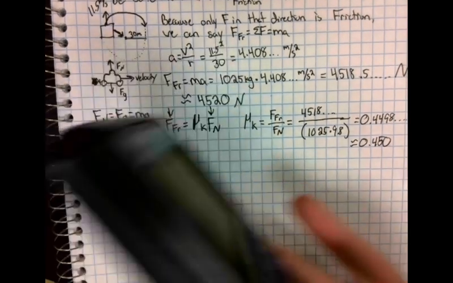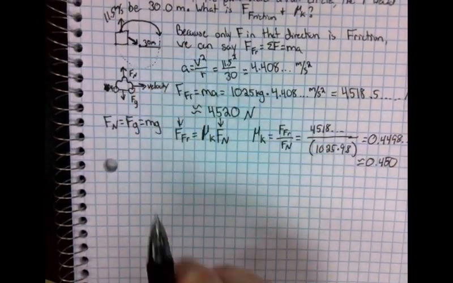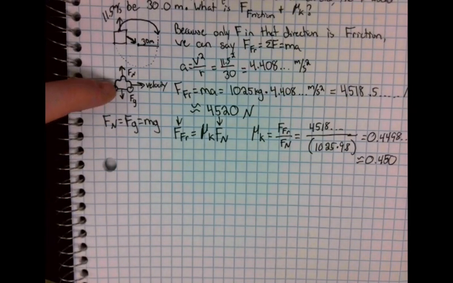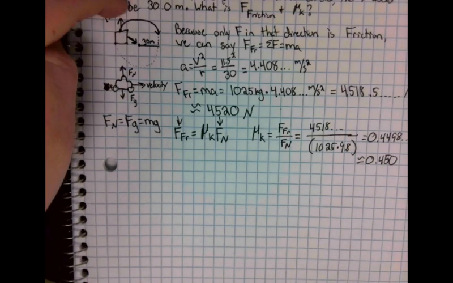And again, I know it may be a little bit tough to figure out, why did we know this worked? Why did we know that was the only force? It's because if you think about the car going, as the friction is no longer pointing backwards, it's got to be pointing inwards, because something has to be providing that centripetal acceleration, has to be allowing our velocity vector to change.